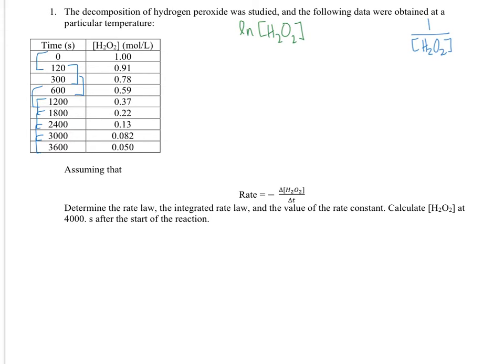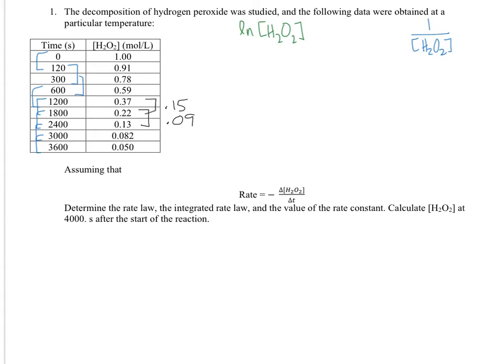So what we're going to do is subtract between 0.37 and 0.22, and that difference right there is 0.15. Then we'll subtract between 0.22 and 0.13, and we'll see that this is not the same number we had before. It's 0.09.